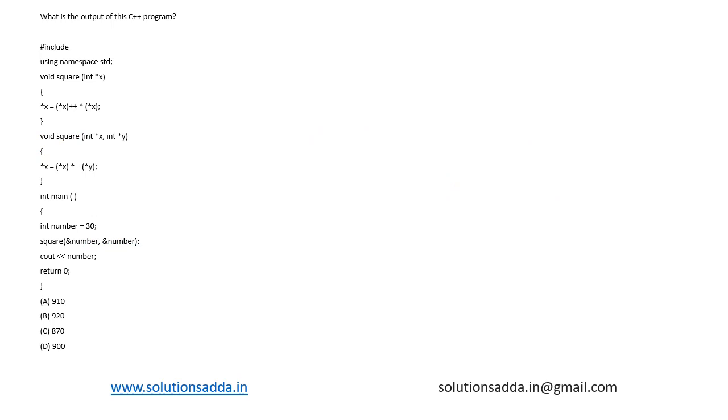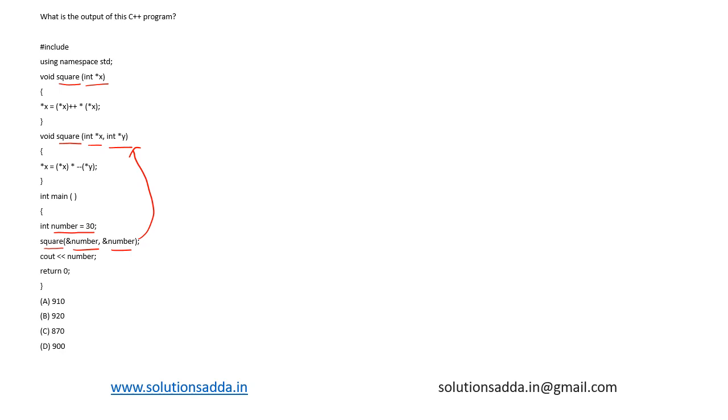This is a question from C++ programming. We are given two functions. First function is square, which accepts a single pointer variable, and second is also square, which accepts two pointer variables. Now we are initializing number equal to 30 and we are passing square number comma number. This is function overloading, and we are asked to print what is the output.